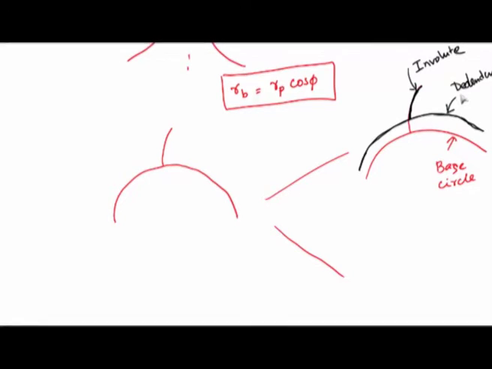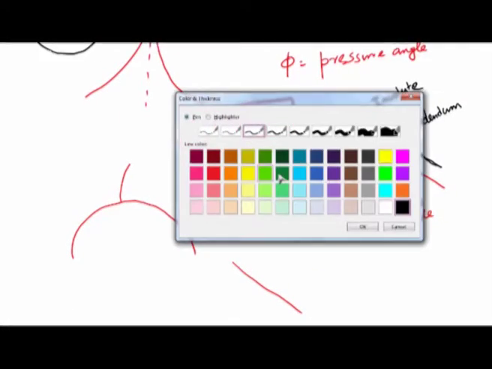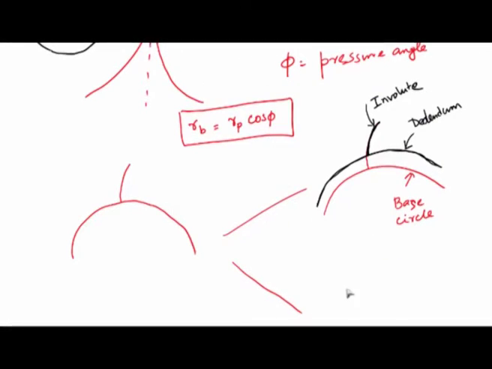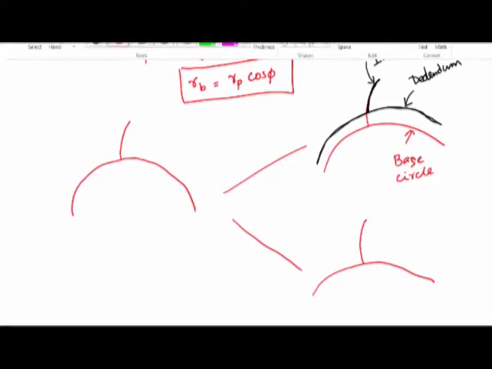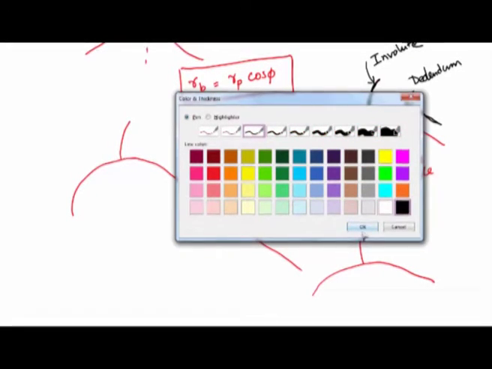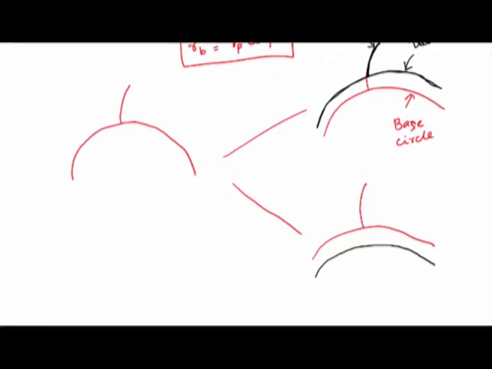Now let us look at the second case, where the dedendum circle is lesser than the base circle. As usual, this is the base circle and this is the gear tooth profile, which can emanate only in the region beyond the base circle. So here we have the situation that the dedendum circle is smaller than the base circle.